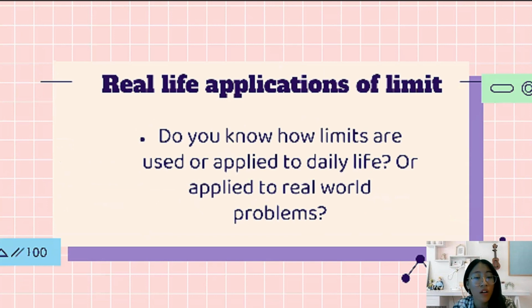Limits are also used as real-time approximations to calculate daily factors. It is challenging to calculate the results of complicated motions in real-life situations. So to make calculations, engineers will approximate functions using small differences and then calculate the function's derivative by having smaller and smaller spacing in the function's intervals.